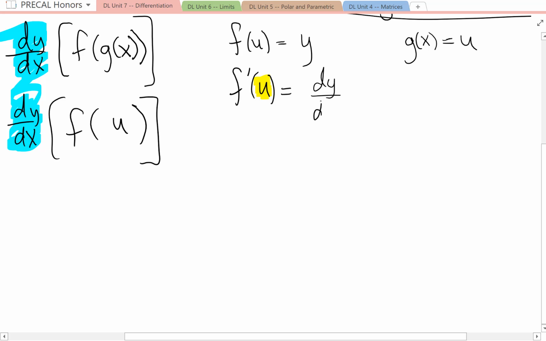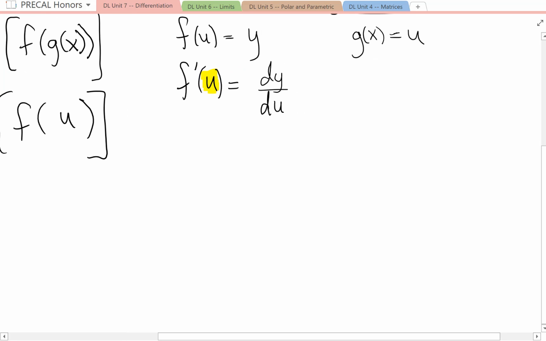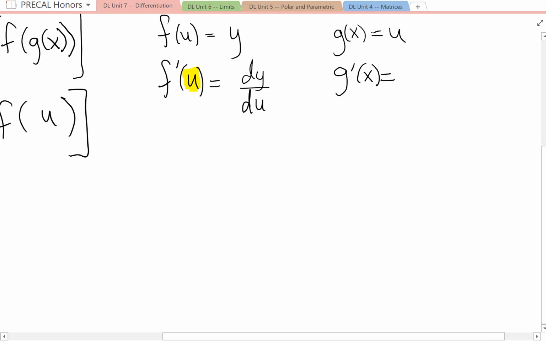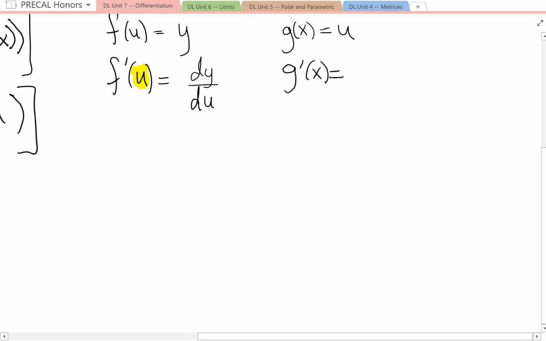So instead of dy dx, we write that as dy du because f is a function of u. Now, g prime of x. This would be deriving the function u, right, because g of x is called u, with respect to the variable of its input, which is x.